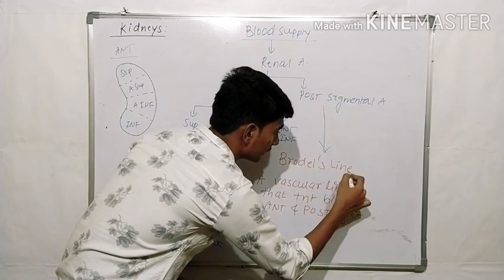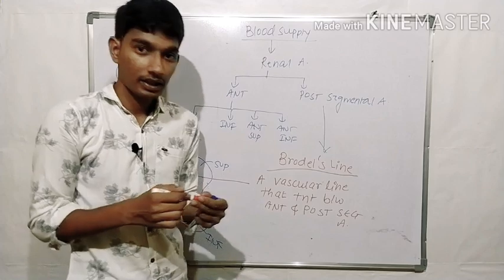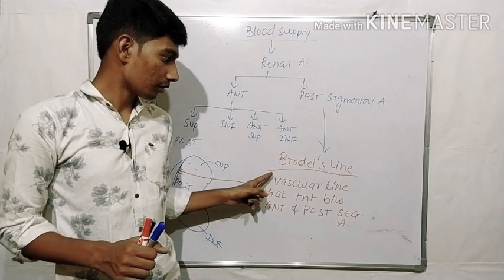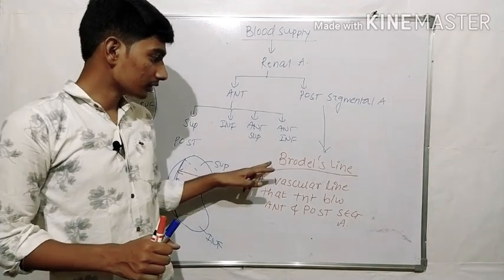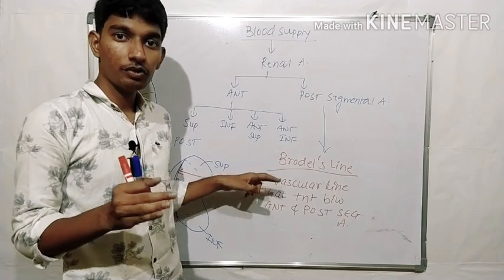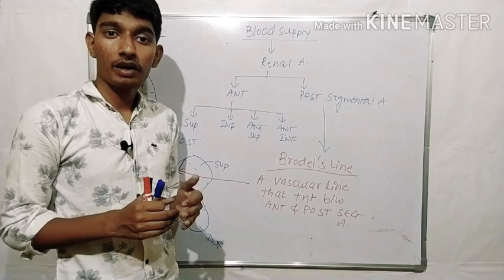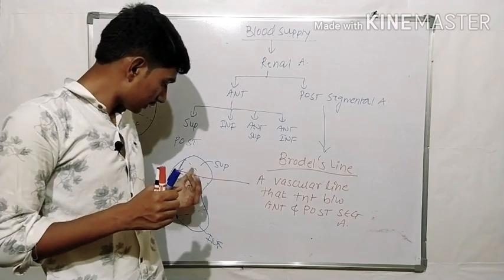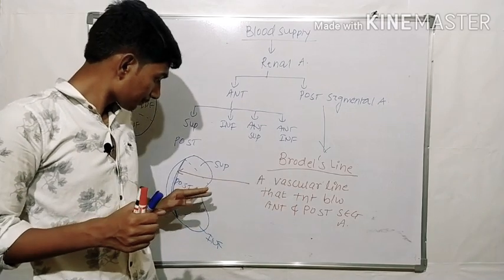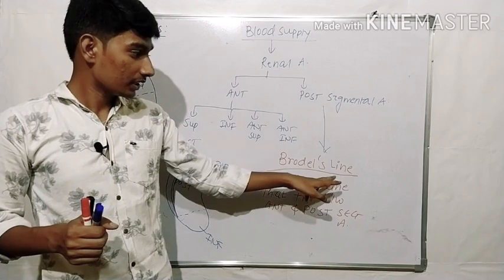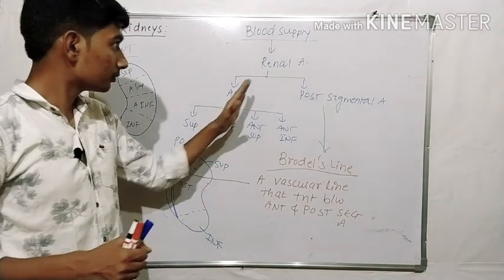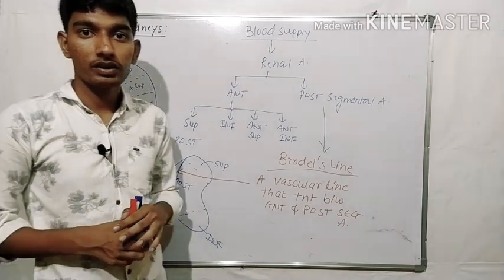This line is known as Brodal's line, and this line is very important from clinical point of view, because if a patient is having renal calculi, then we have to open the kidney to remove the calculi, and with the help of this line, Brodal's line, we can do that, okay. This is about the blood supply of the kidney.